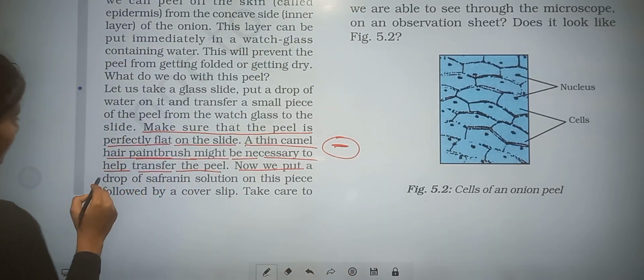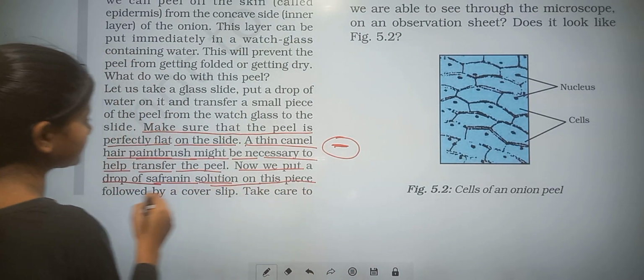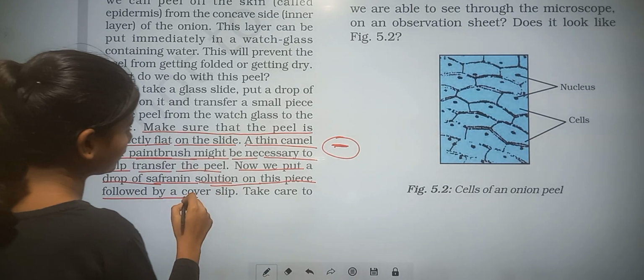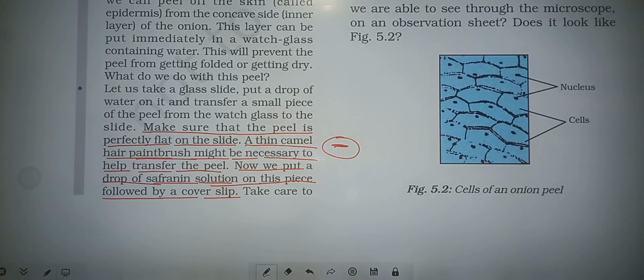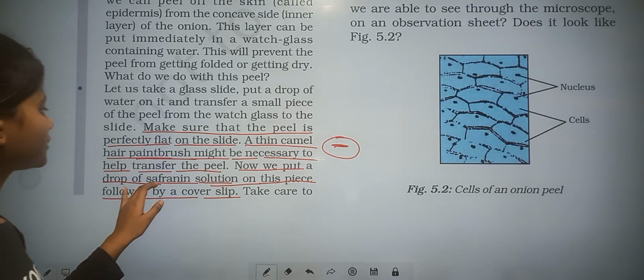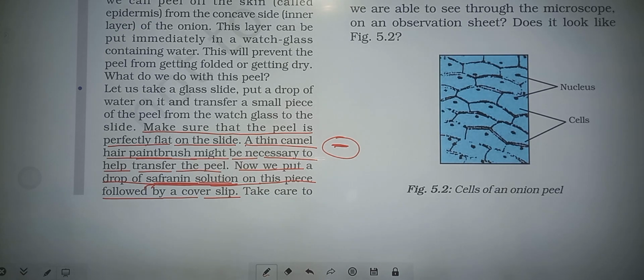Now we put a drop of saffron solution on this piece, followed by a cover slip.